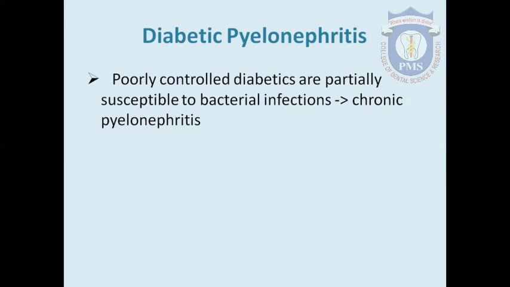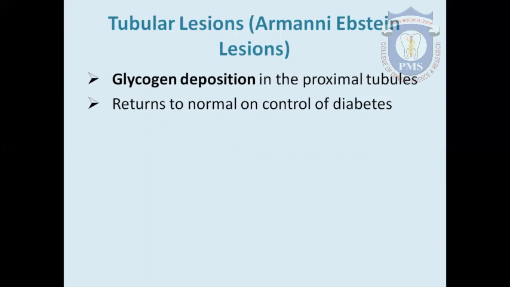These acute infections can turn chronic, giving rise to chronic pyelonephritis. Tubular lesions, which are otherwise called Armanni-Ebstein lesions. There occurs glycogen deposition in the proximal tubules. May return to normal on control of diabetes.